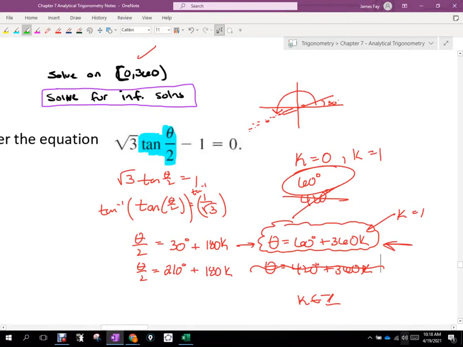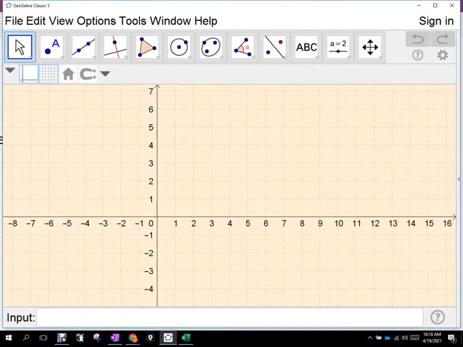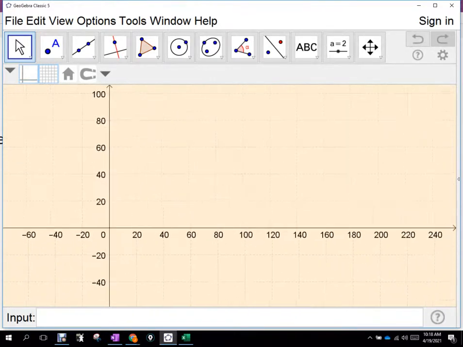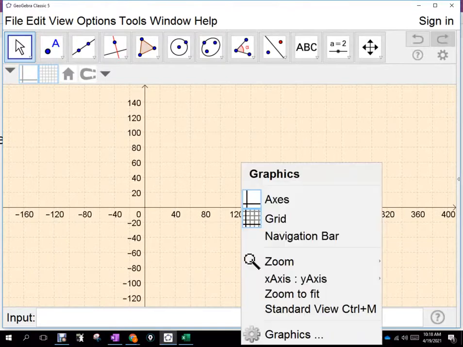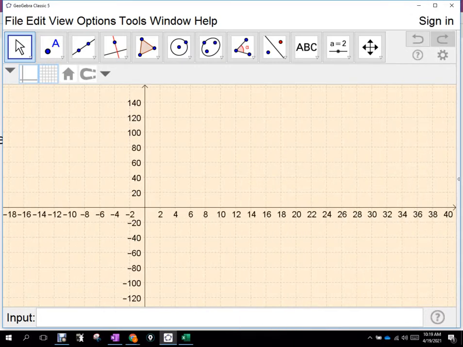So I want to demonstrate that real quick. We'll zoom out to 0, 360, and we'll make the, did that backwards.